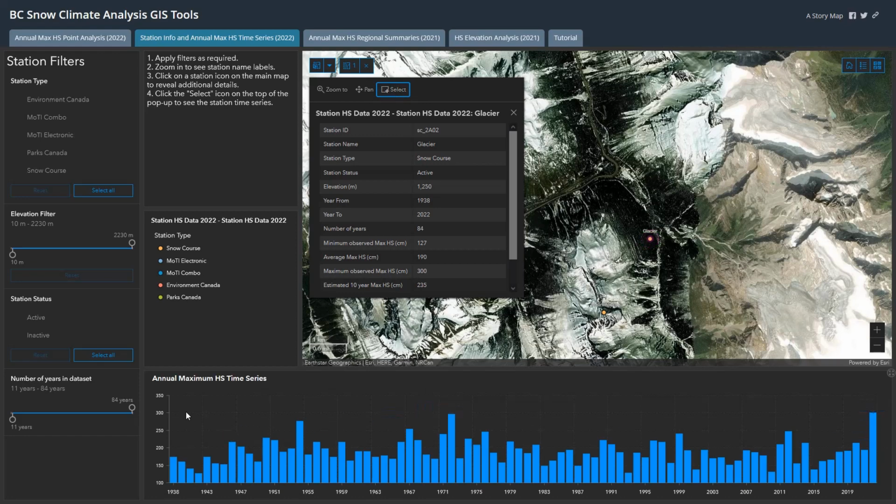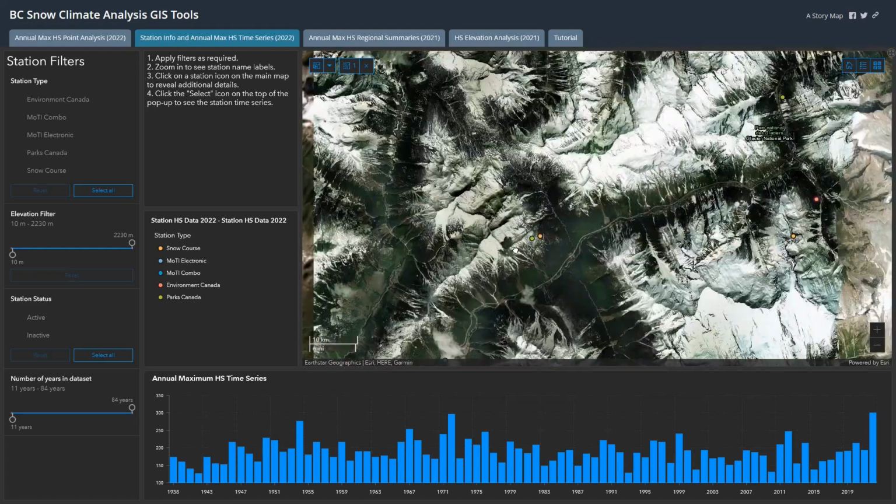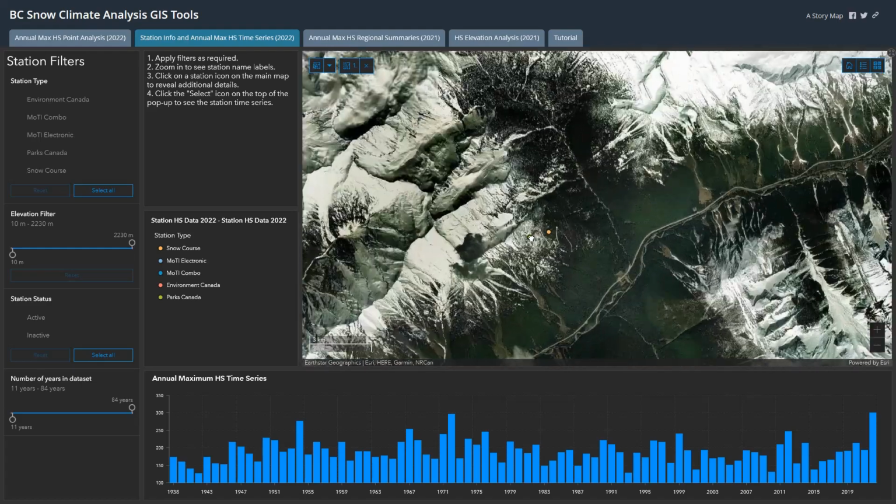So this is showing the 84 years of data, and you can see 2022 at 300 was the maximum observed, just slightly more than 1972. But again, this snow course data introduces a lot of variability, so it's better to look at something manual. Nothing better than Rogers or Mount Fidelity.